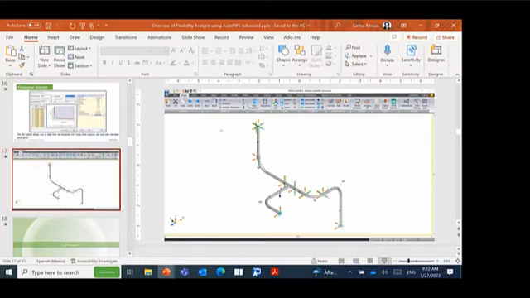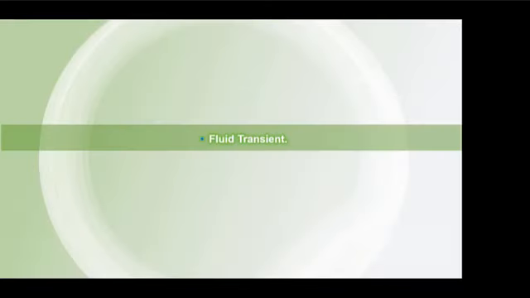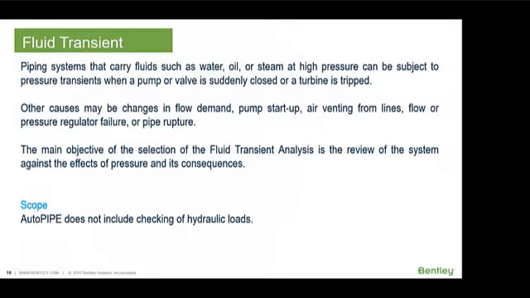I will return with the third part, fluid transient. Talking about fluid transient, it applies to lines carrying fluids like water or similar. This is the effect of the fluid in the pipeline, like flow damage, and many scenarios relating to that. But it's important, as you know, when considering stresses in the pipe.